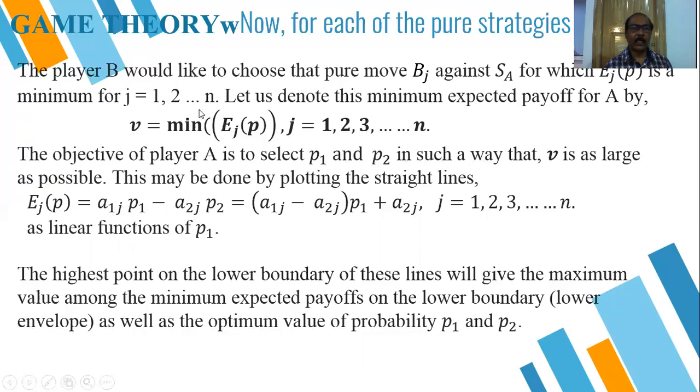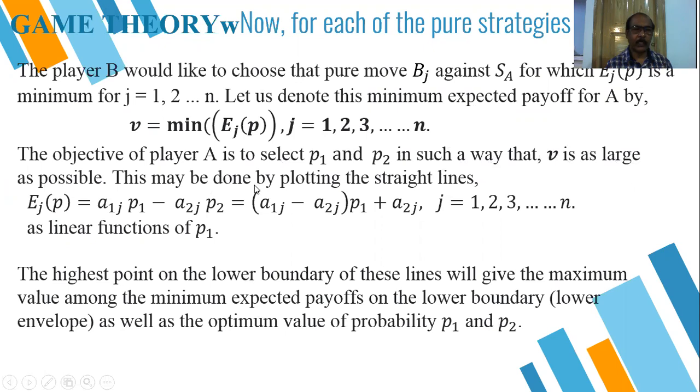That means A is trying to maximize its gain starting with the minimum. So whatever minimum is available, from there A is trying to maximize that minimum gain. V is as large as possible.